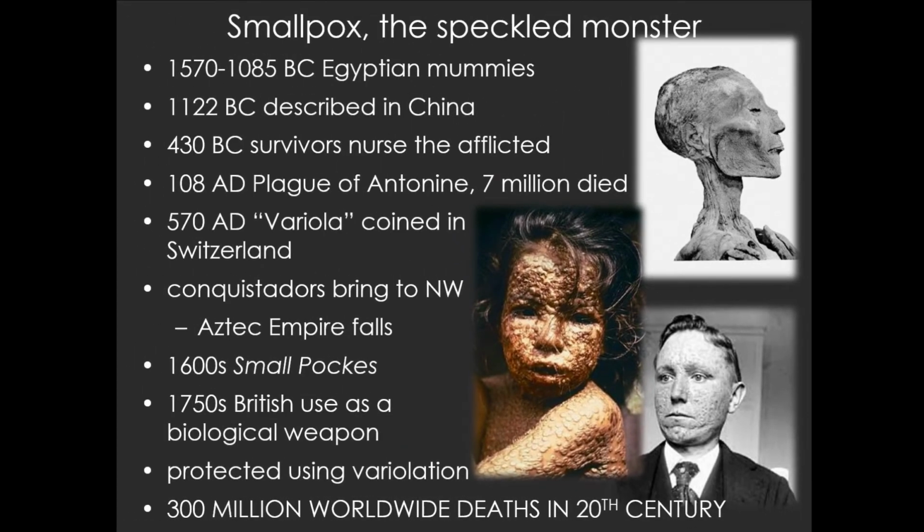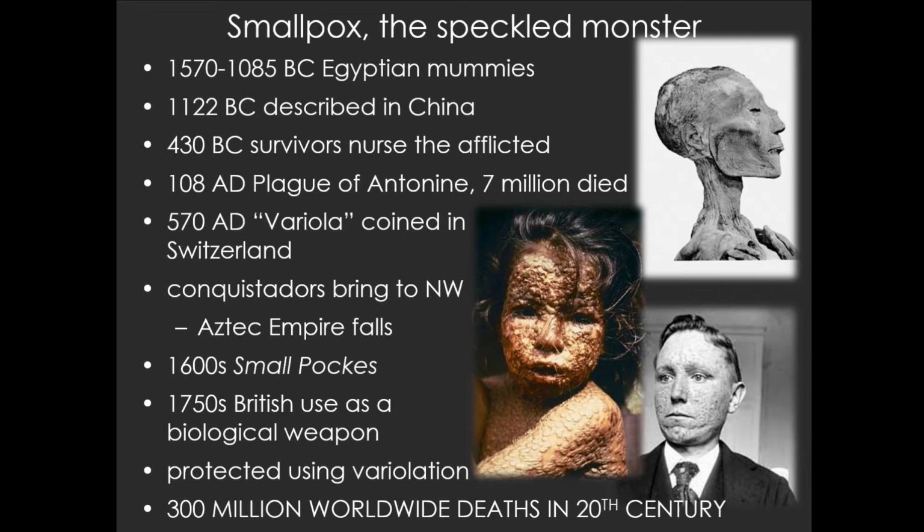And it was that mortality rate that allowed people to use smallpox in a really terrible way as a biological weapon. There's evidence of the possibility of that being used in lots of different places, most notably the conquistadors bringing smallpox to the New World, we think accidentally. But for sure, once that was understood to be the disease smallpox in the 1600s, the British actually used it as a biological weapon against revolutionary troops in the American Revolution.